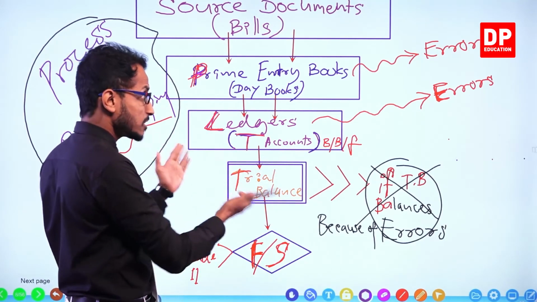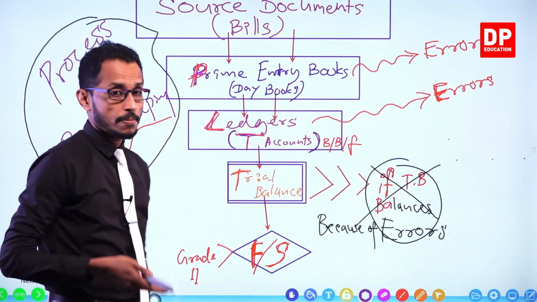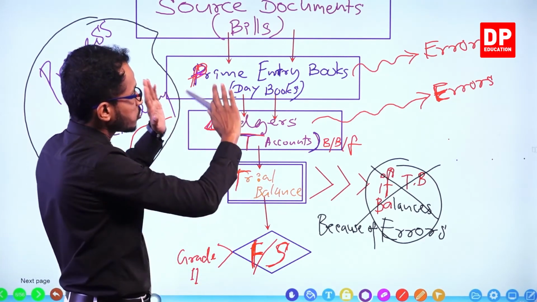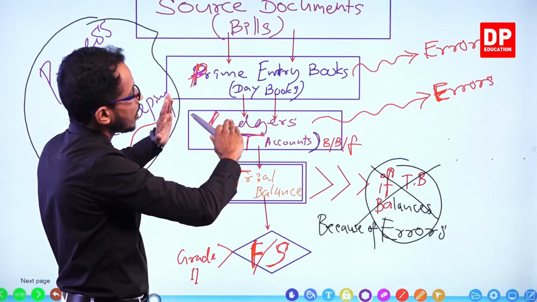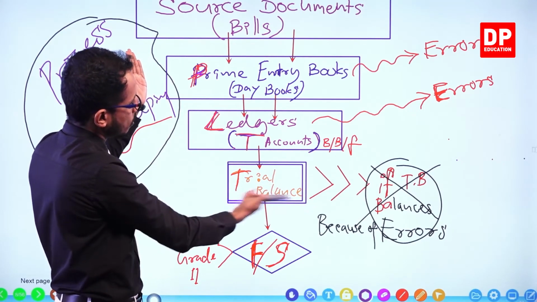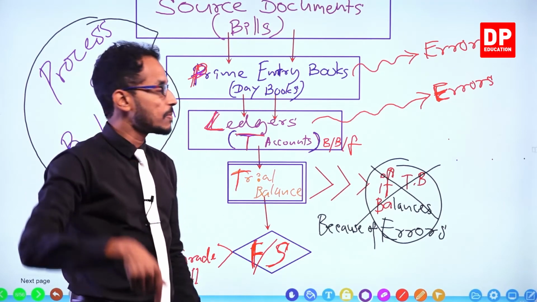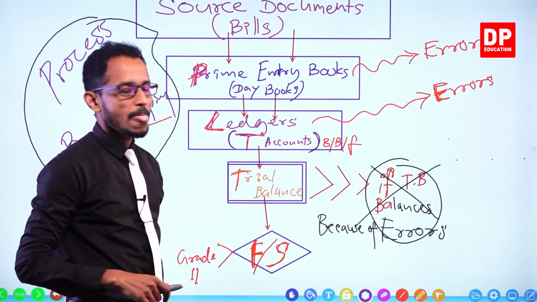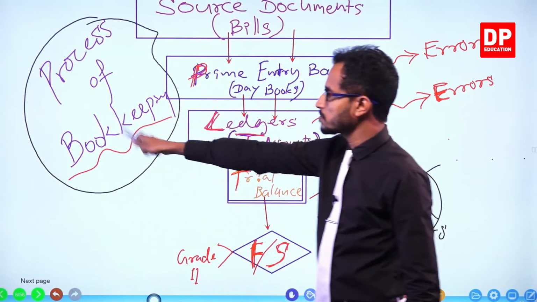This is not in your textbook, so don't go and search for it there. It's a shortcut, a brief, easy method which I'm giving you to remember the steps of the bookkeeping process.